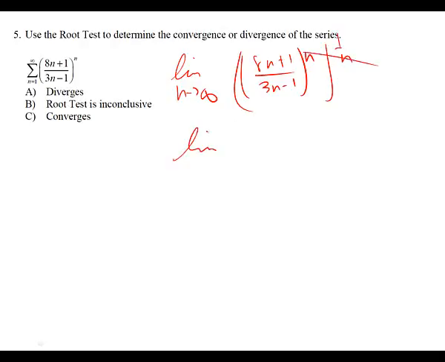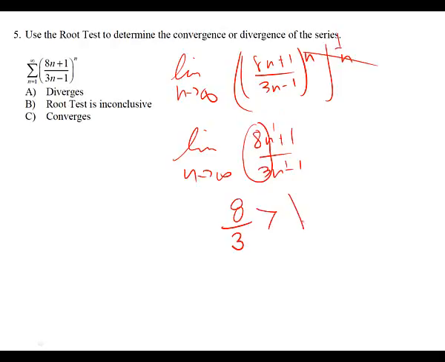Cancel. So I've got the limit as n approaches infinity of 8n plus 1 over 3n minus 1. What do we notice about the exponents? They're the same. So we just take the coefficients in front. So my limit is 8/3. Is that bigger than 1 or smaller than 1? Again, very poor examples. I really should have had one in there that converged.